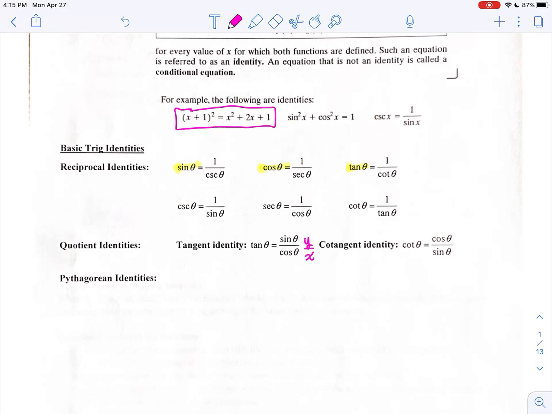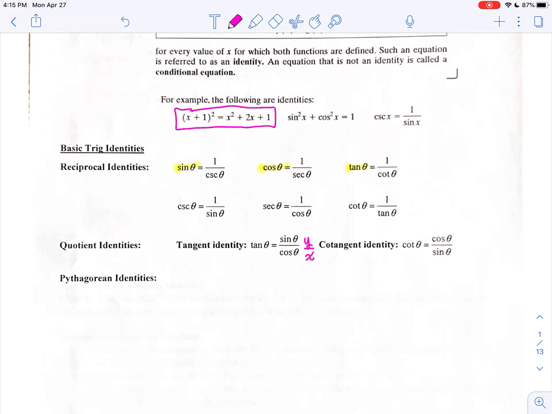So y over x. Y is also sine, so if you replace y with sine, the numerator is sine of theta, and the denominator, being x, is cosine of theta. Cotangent, being the reciprocal of tangent, would mean that cosine's on top and sine's on the bottom.